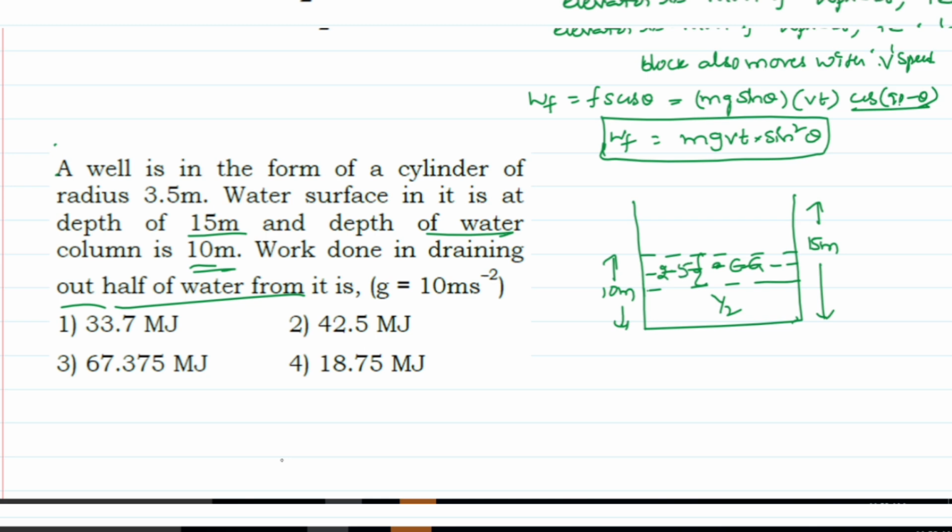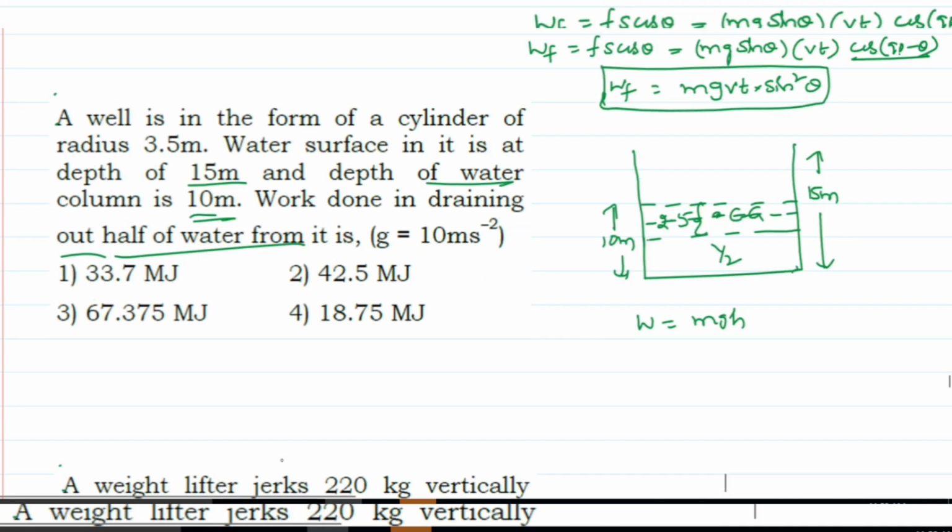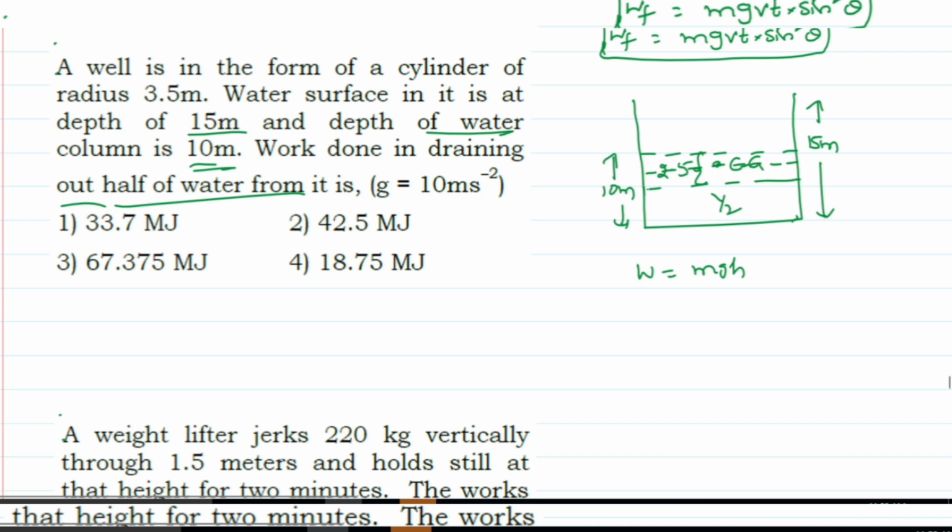Now the work done is nothing but mgh. Its mass is volume into density of the water. So W is rho into volume, that is area into length, into g into h.